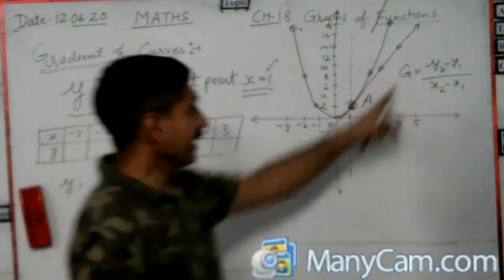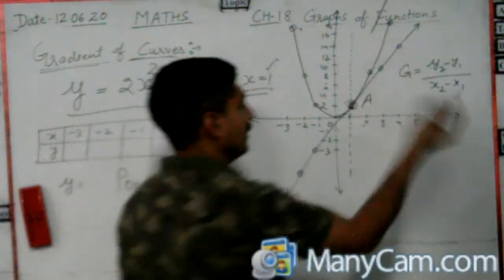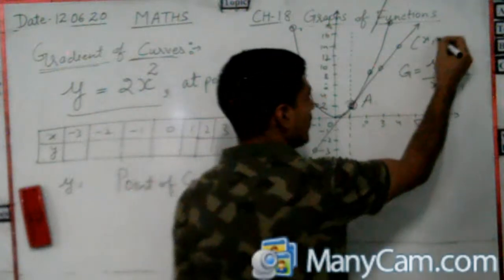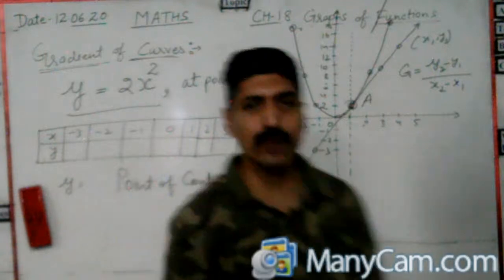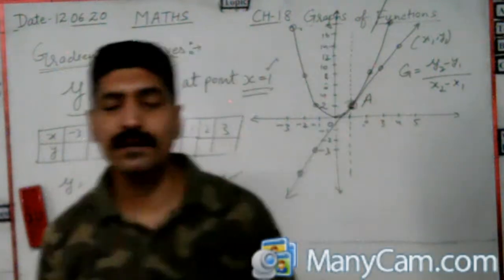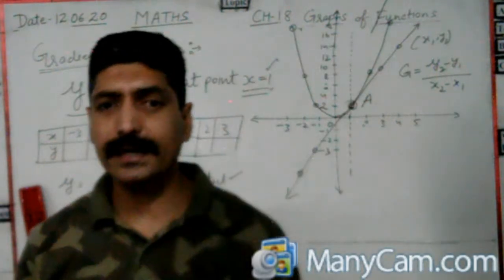So we can take any two points, x1, y1 and x2, y2, and find the value of the gradient.